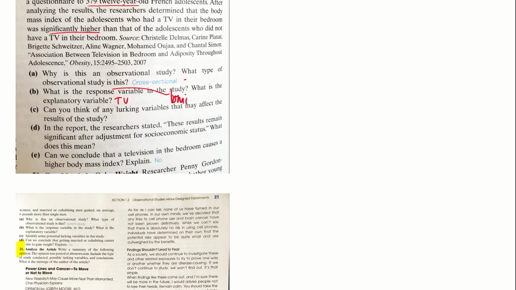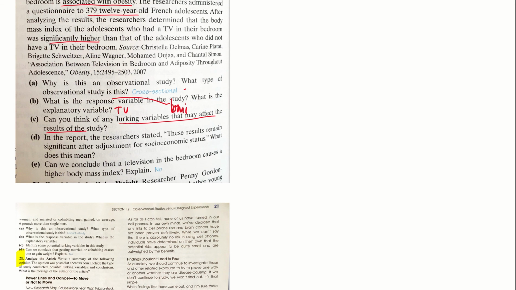Okay. What sort of lurking variables might be affecting the results of the study? Ooh, that's a good one. What are some variables that might affect your body mass index? Could be, of course, genetics, or what do the parents look like, and are they overweight or whatnot?